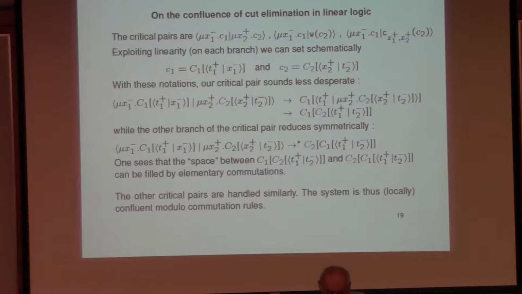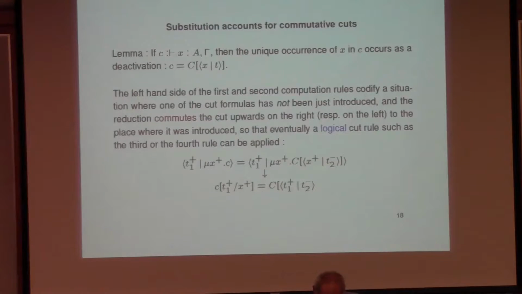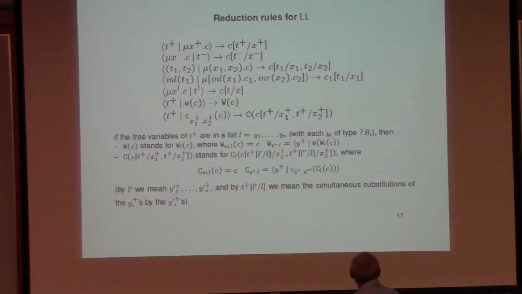But there's one critical pair which, if it would be there, would really be harmful. The critical pair that is avoided by linear logic is the critical pair where you have weakenings on two sides, or actually weakening and contraction on two sides is bad.